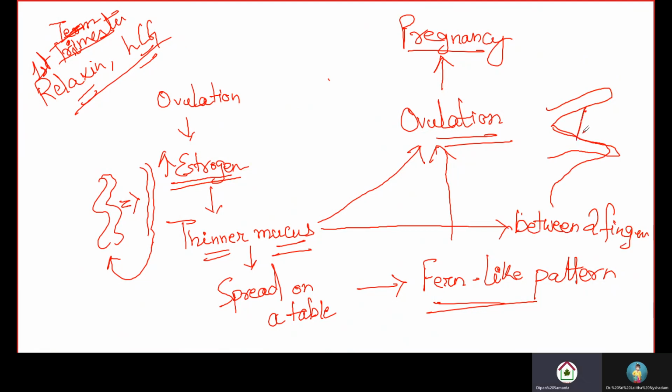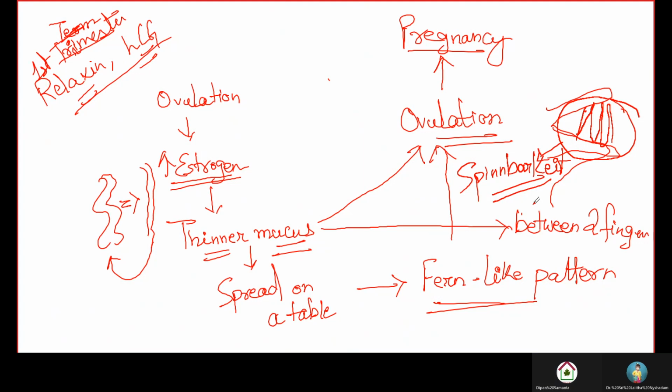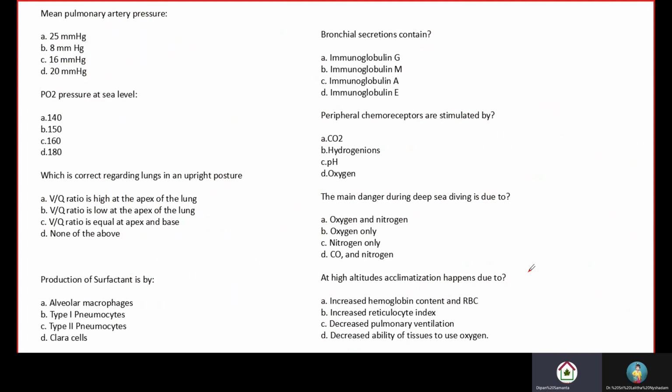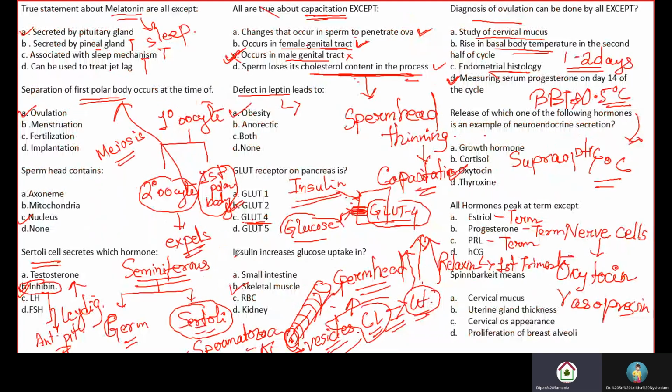This stretching pattern is called spinnbarkeit. This is another test of ovulation. After ovulation, it becomes thick, and so this fern-like pattern or spinnbarkeit test cannot be observed. So basically spinnbarkeit is cervical mucus.